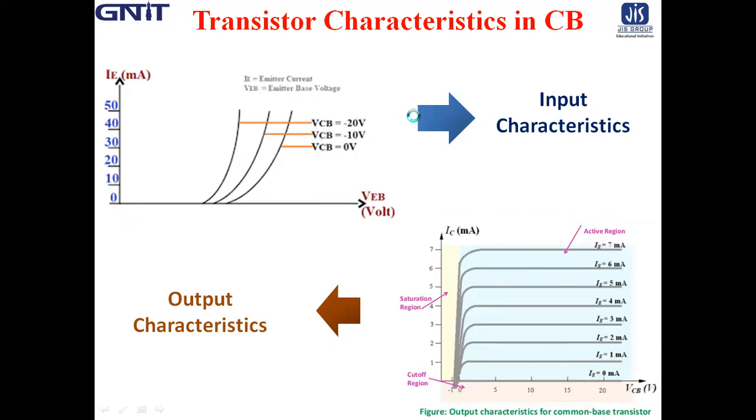When you draw the characteristics curve for input characteristics in any type of configuration, remember that the y-axis always represents input current, the x-axis represents input voltage, and it is for a fixed value of output voltage.